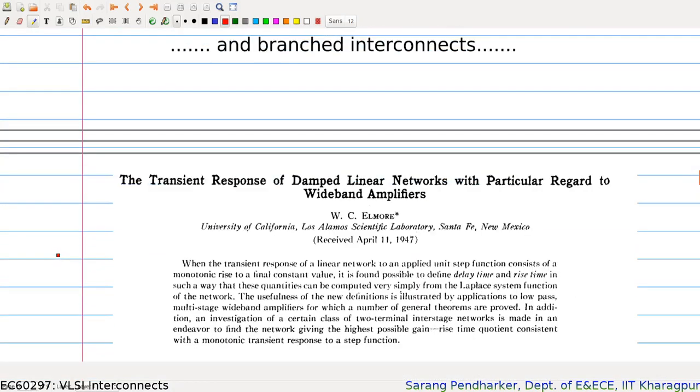Now let us again go back to the paper. Let us refer to the abstract of this paper.